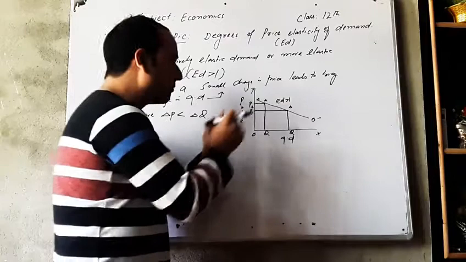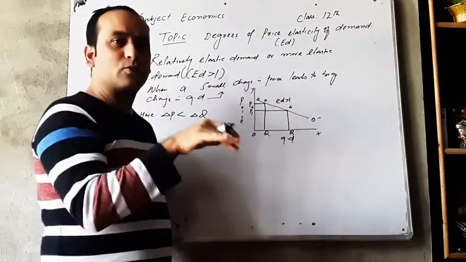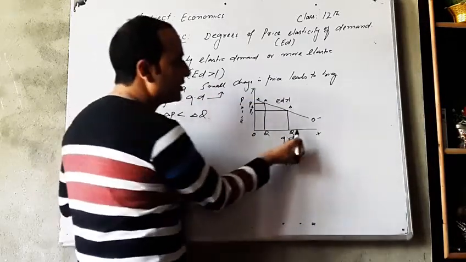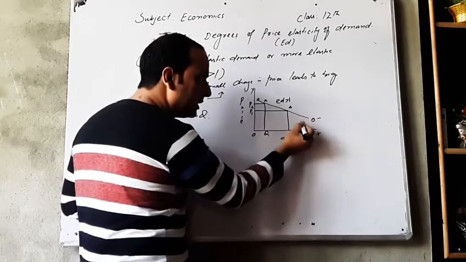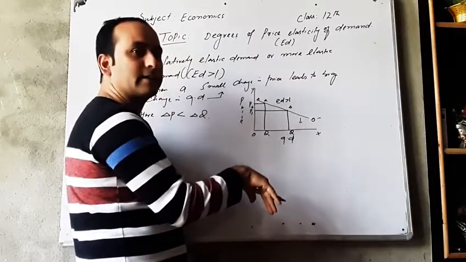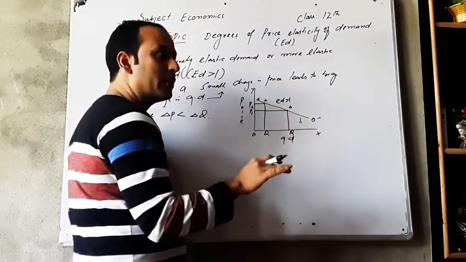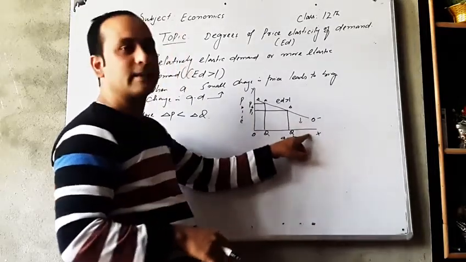And if we look at the demand curve here, the demand curve is to some extent flatter. Why? Because it is more inclined towards the x-axis.